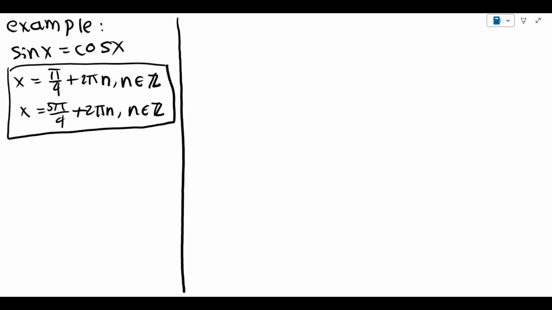So we're going to use the formula. First we move the cosine to the left side, so we get sine x minus cosine x equals 0. And this b is negative, it's less than 0, so we're going to use the other one.